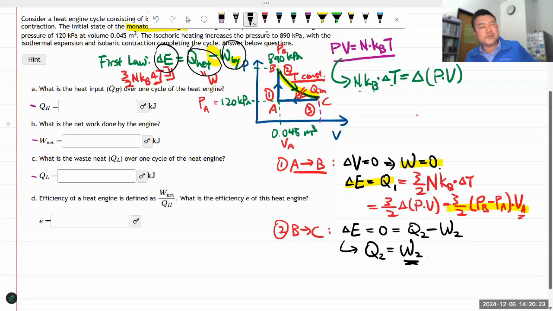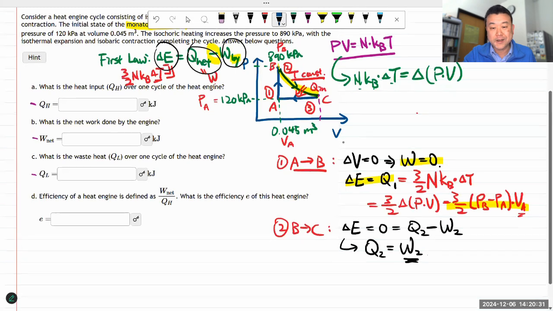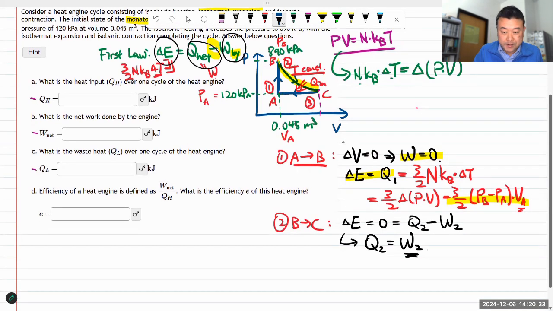I guess your textbook does derive the work done in an isothermal process. If you want to use that, that's fine. Let me just practice what I preach for once and quickly derive that. So work done during an isothermal process, you have to first start by expressing it as an infinitesimal amount of work being done.